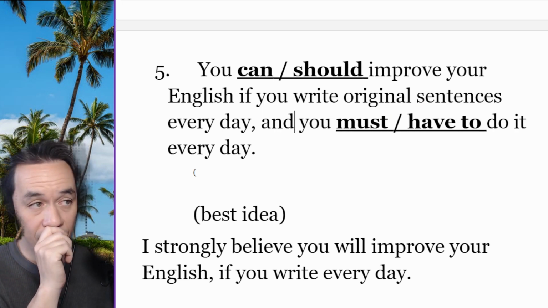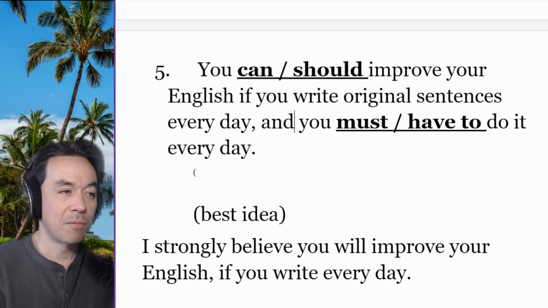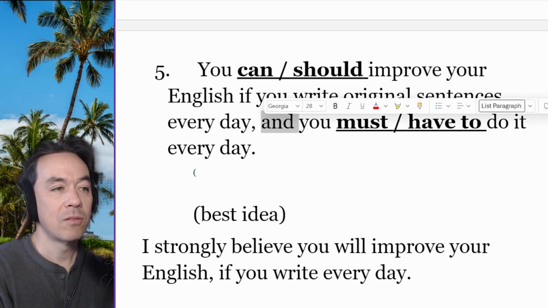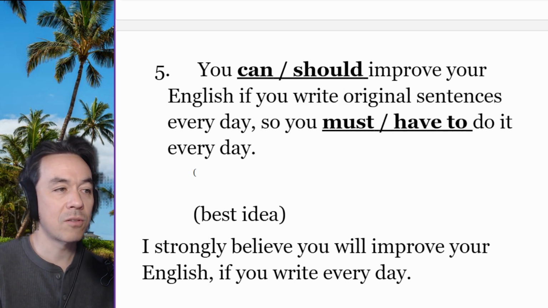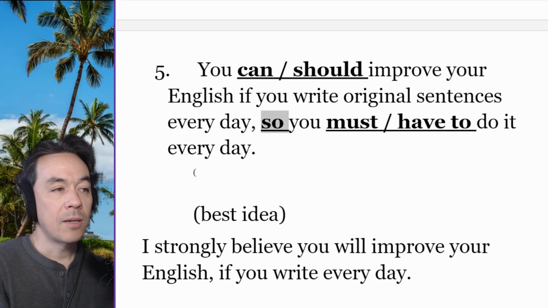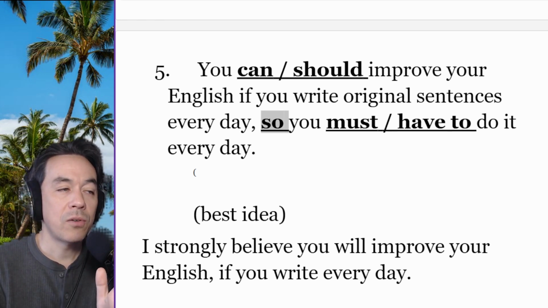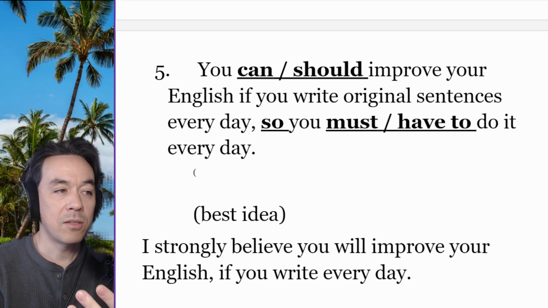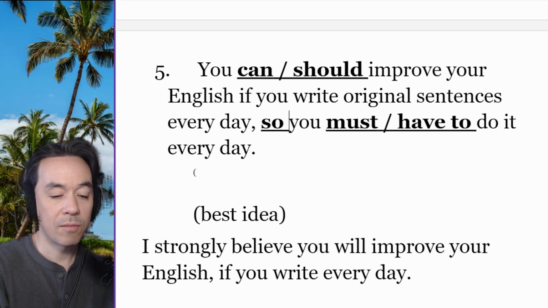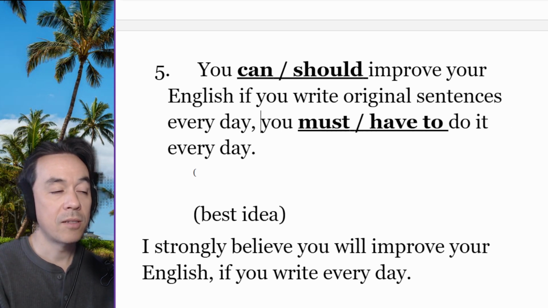And? That feels a little strange. This works. So here's a good idea. You should improve your English every day if you write sentences. So you must do it every day. But I think the best, what I would say, is "but."